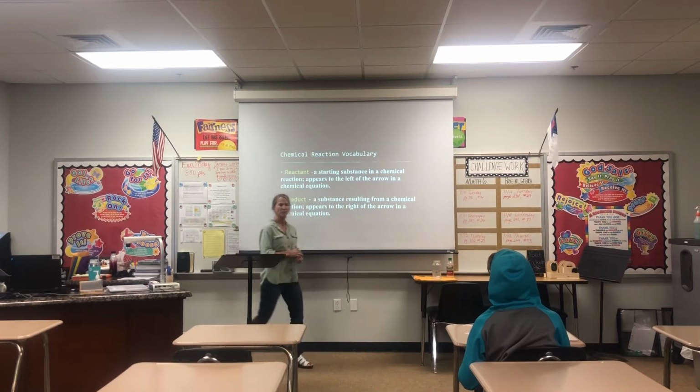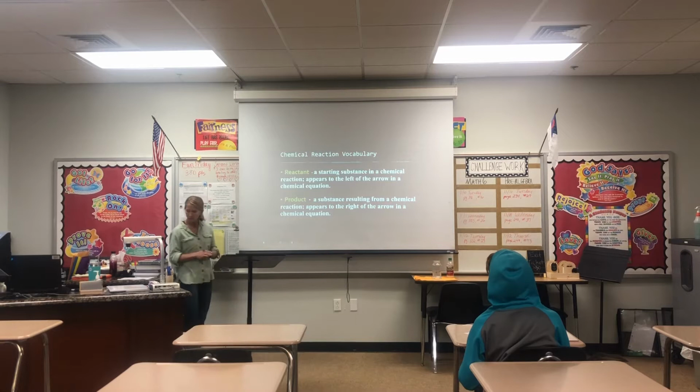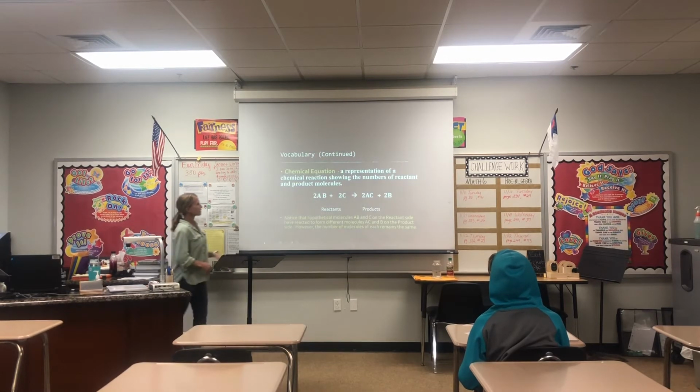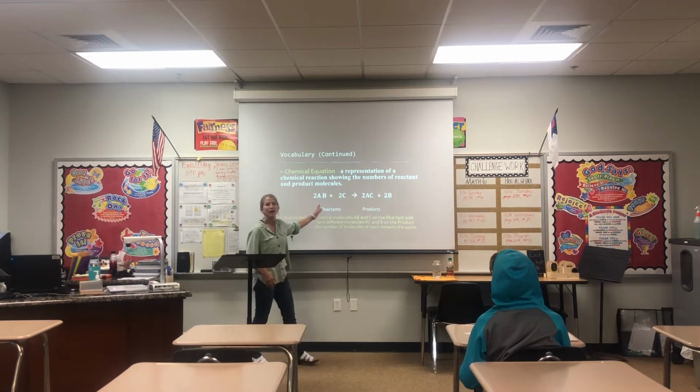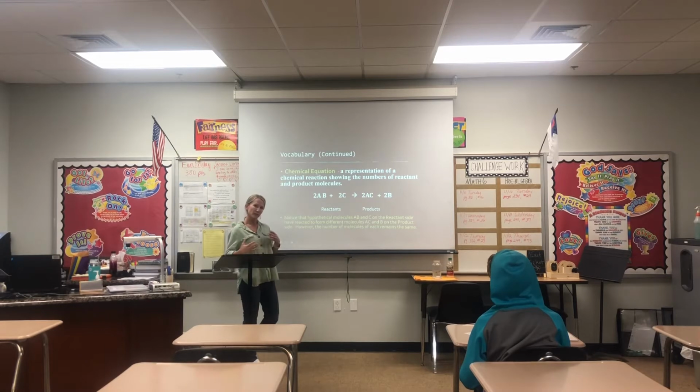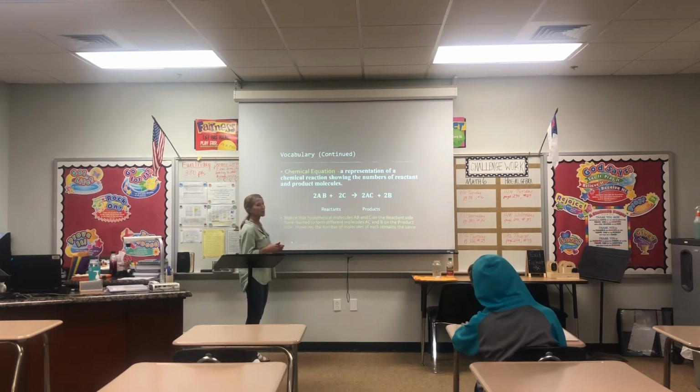You must be asking, what is a chemical equation right now? Well, this is what a chemical equation looks like. This is a hypothetical chemical equation. So a chemical equation is a representation of a chemical reaction, and it shows the number of reactants and the number of product molecules, okay?